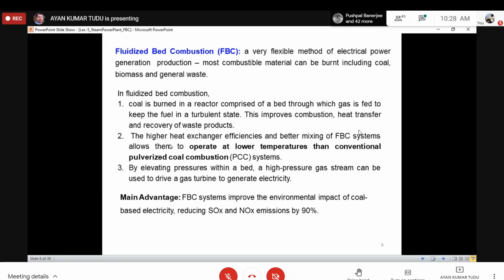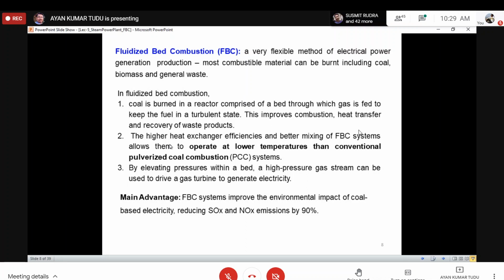So this system is used for gas turbine power plants. The main advantage of fluidized bed systems is that they improve the environmental impact of coal based electricity, and reduce SOx and NOx emissions by around 90%.